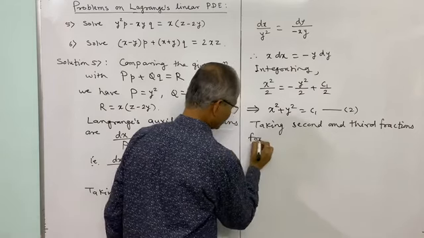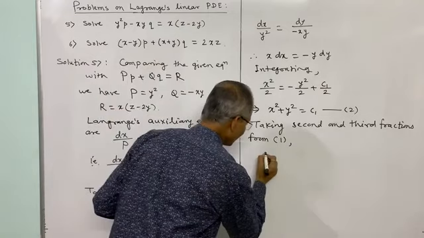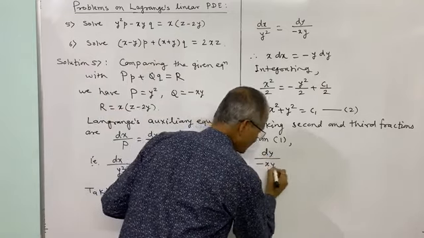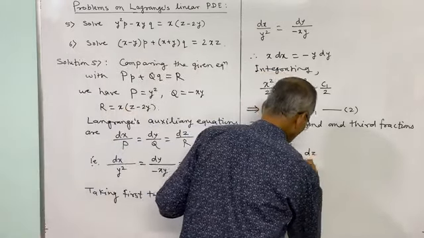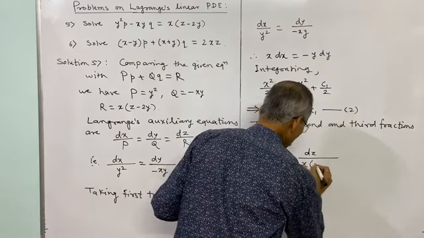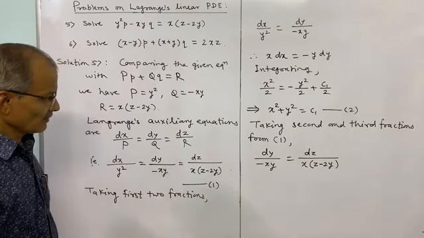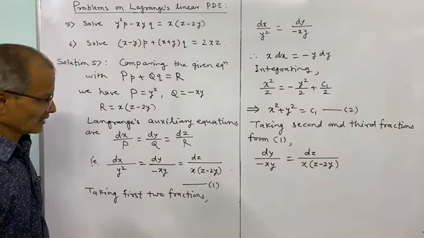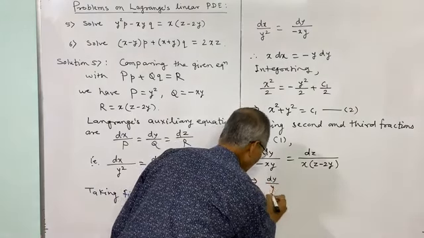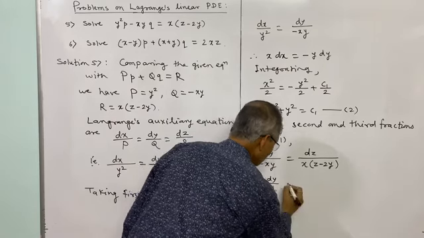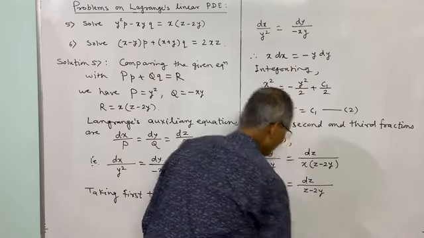Taking the second and third fractions from 1, what we shall get is dy divided by negative x into y is equal to dz divided by x into z minus 2y. Now x can be cancelled on both sides, and this implies dy upon minus y is equal to dz divided by z minus 2y.